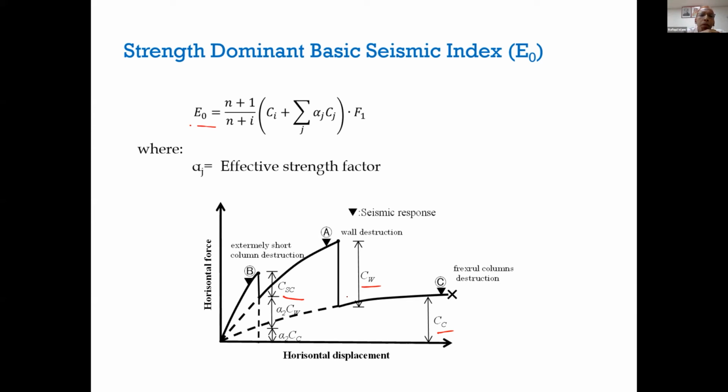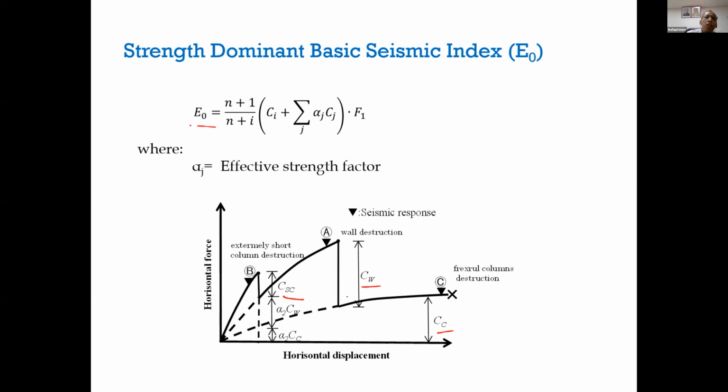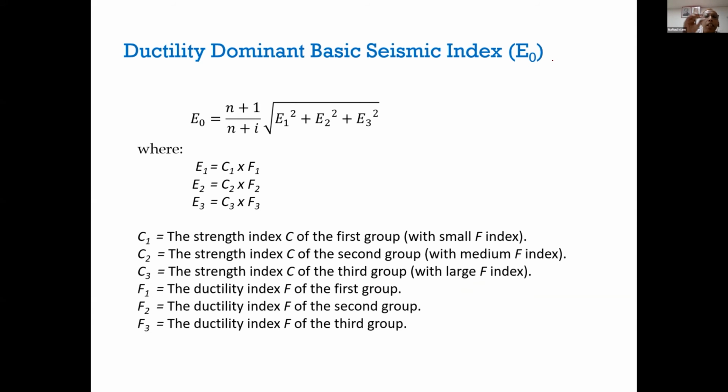One is by the contribution of the strength of the structural members, and another is considering the ductility of the vertical members. The first one is called the strength dominant basic seismic index E0, and the second one is the ductility dominant basic seismic index E0, and the final basic seismic index will be the E0 which is more.